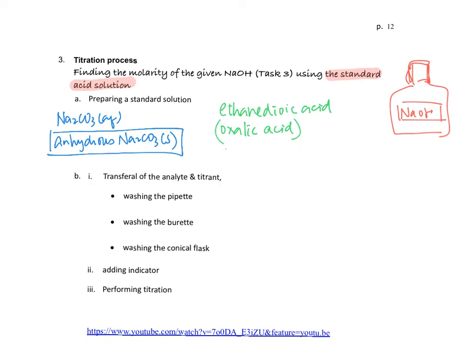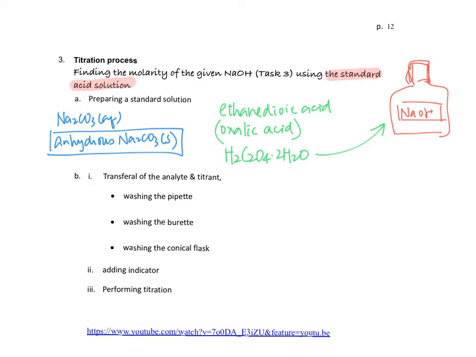The solid has the formula H2C2O4·2H2O, and we can use a known amount of this solid and dissolve it into a known amount of distilled water so as to prepare a standard acid solution, which can be used to standardize the sodium hydroxide with unknown concentration.